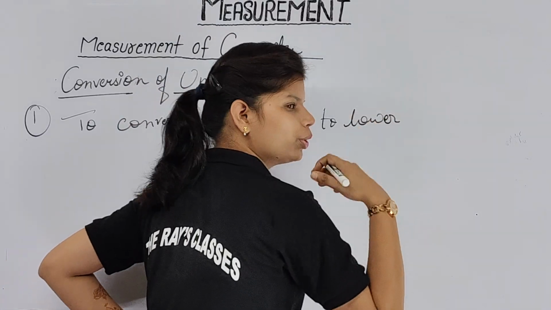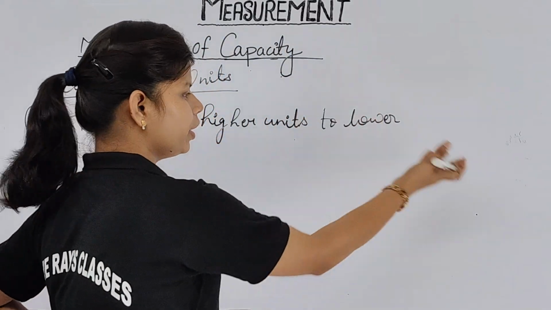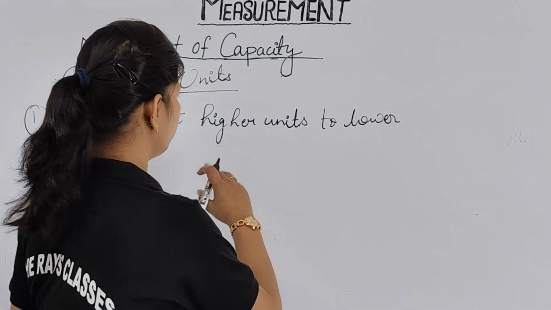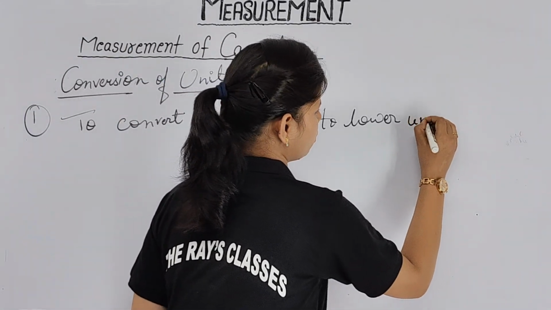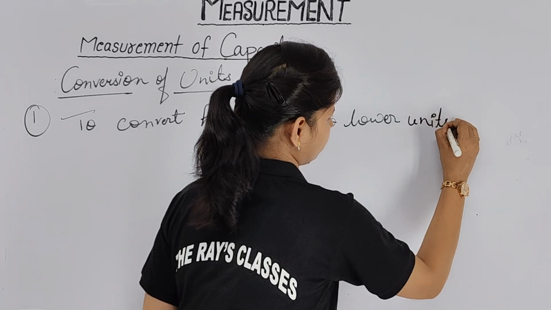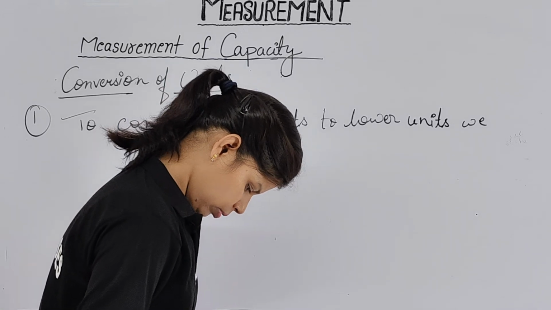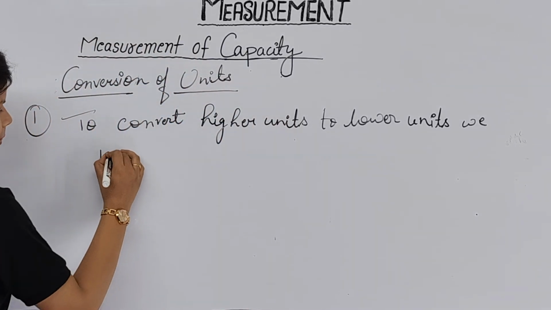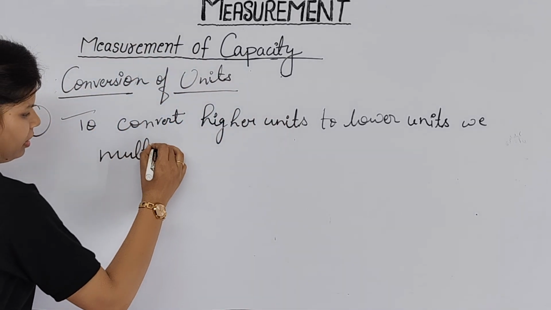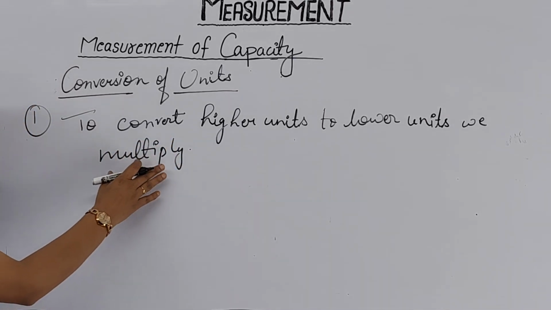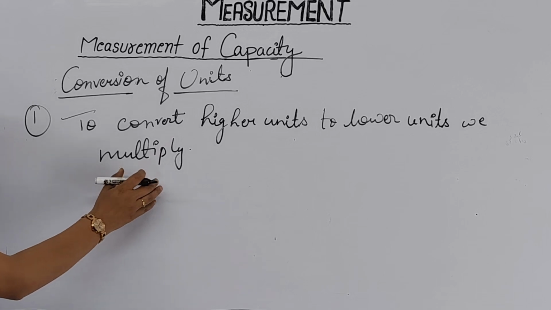That means kiloliter to milliliter, what you will do? You will multiply. To convert higher units to lower units, we are going to multiply. Clear, no? Which operation we are going to use? We are going to use the multiplicative part of this one.